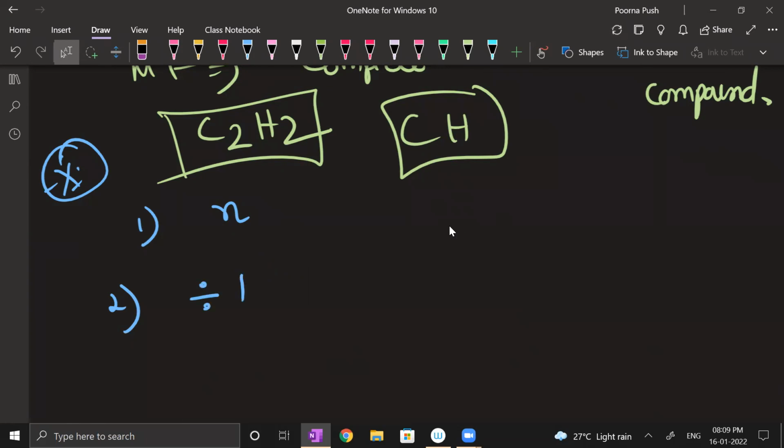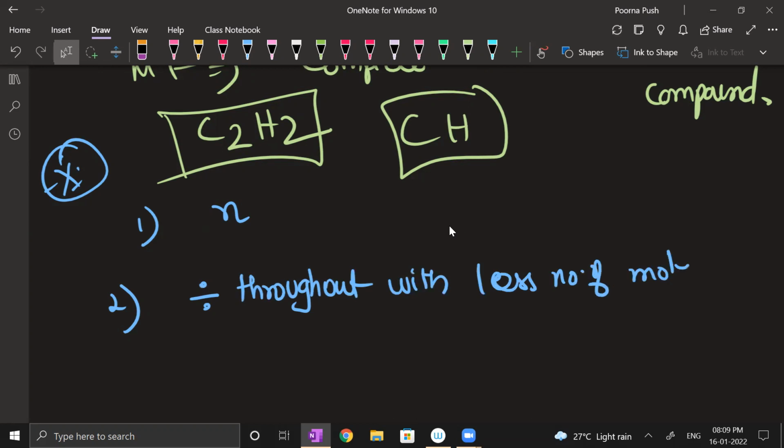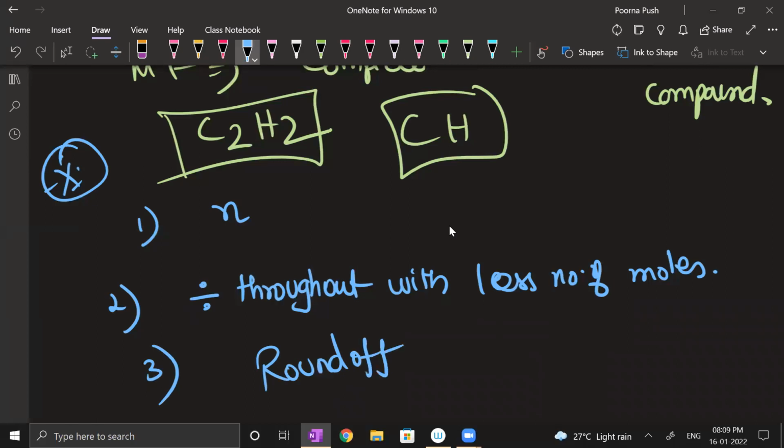Then divide throughout with the least number of moles. Third step, round off. That gives the empirical formula.